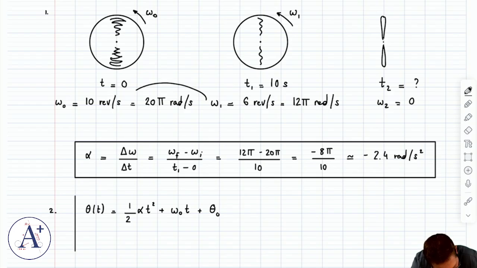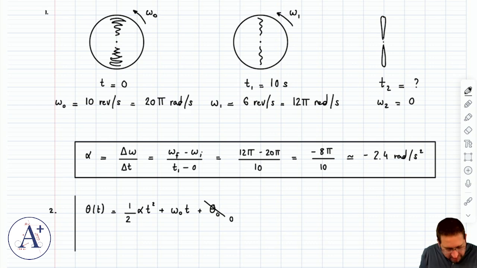Omega naught we know, it's 20 pi radians per second. Theta naught, who really cares? If at t equals 0 theta naught is 0, then from t equals 0 onward I'm counting the total number of radians that the helicopter blade is going to sweep through. Whatever that number is, let's say it's 100 radians, just to pick a number.